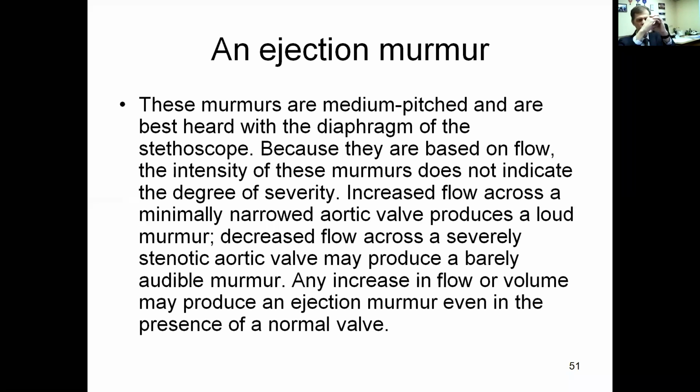But then it becomes even smaller, and the amount of blood which can squeeze through decreases. The flow decreases, and the intensity of the murmur may also decrease. The condition becomes worse, but the intensity of the murmur decreases. It doesn't mean that we have some improvement.